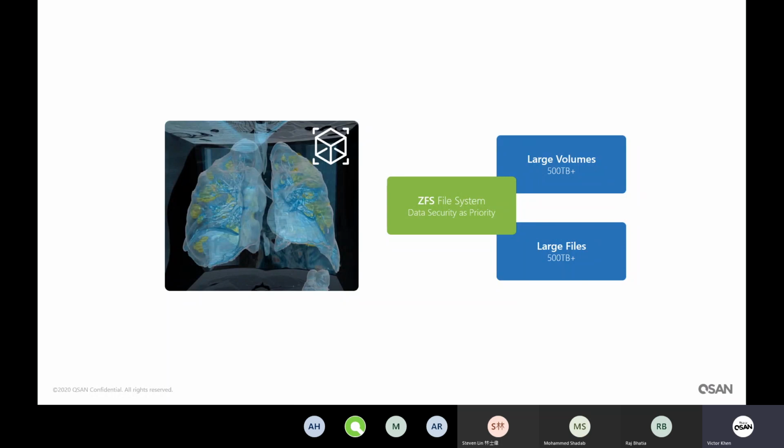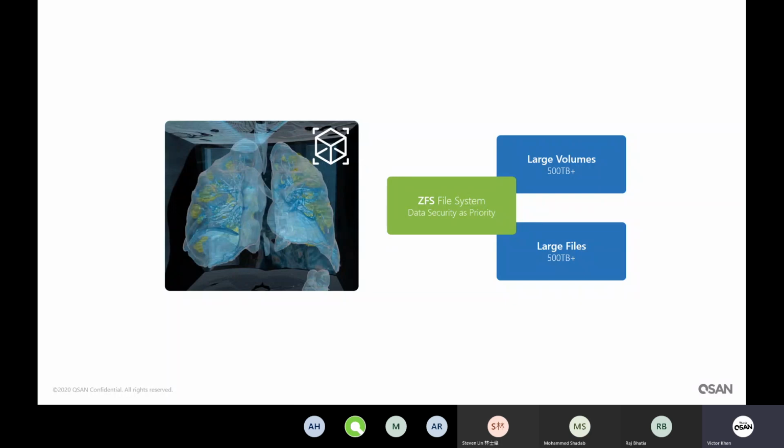And also for the future scale, because we are working with more and more 3D modeling of lungs, 3D modeling of X-ray and different images, it's very important to have an edge in the maximum capacity in the NAS and maximum size of the volumes. So QSAN gets you covered in this, and that's one of the unique features of the ZFS NAS.